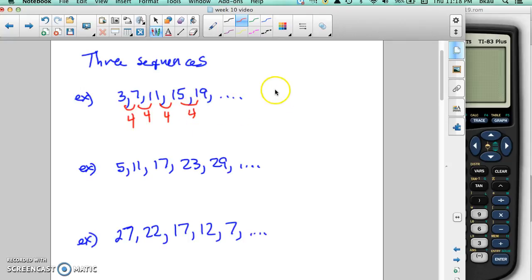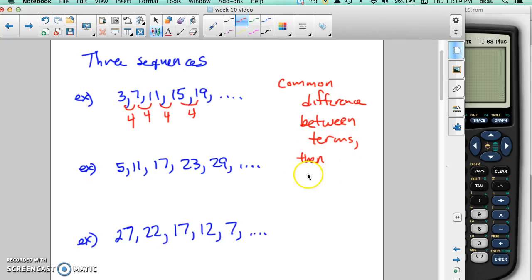So if we have a common difference between terms, then we're going to say that the sequence is arithmetic. So arithmetic sequences have a common difference.